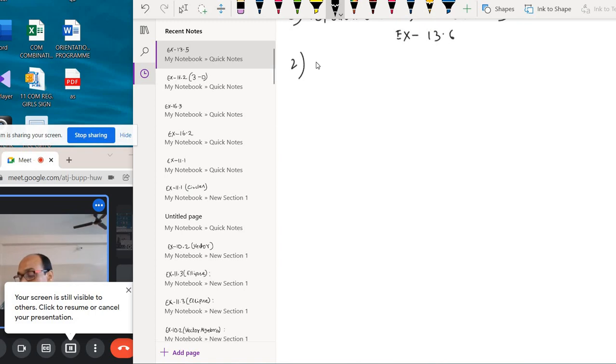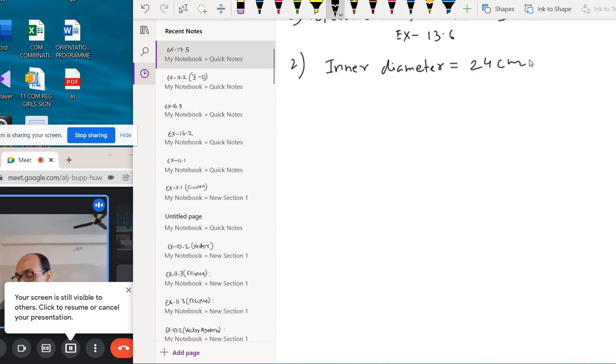Find the mass of the pipe if 1 centimeter cube wood has a mass of 0.6 gram. So inner diameter equal to 24 centimeter.